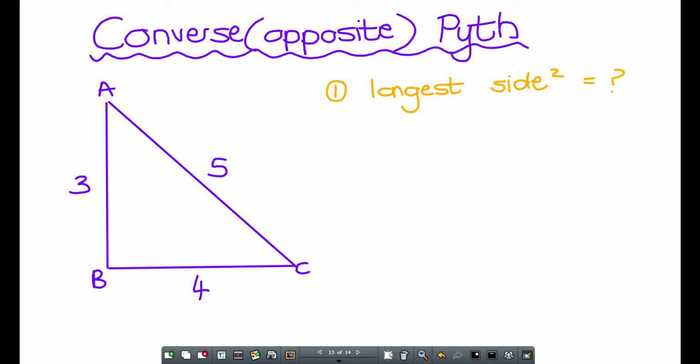Okay, then step 2, we're going to take the two short sides and we are going to square and add them. You guys fine so far? We'll do an example. Then step 3.